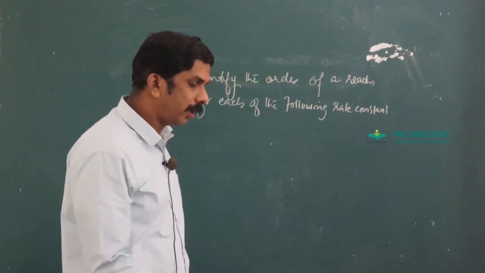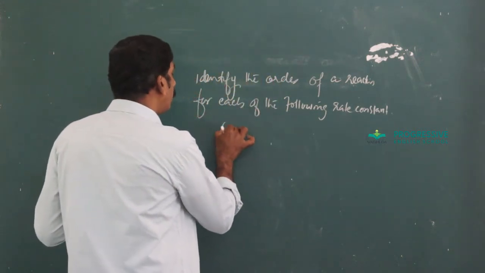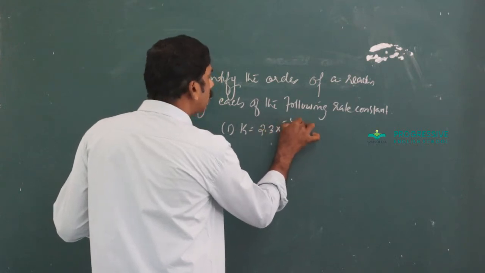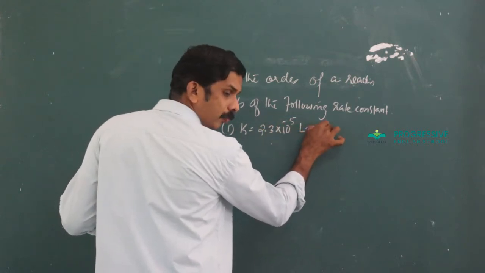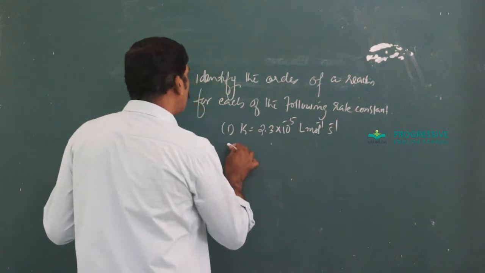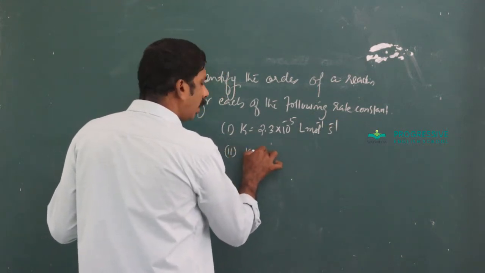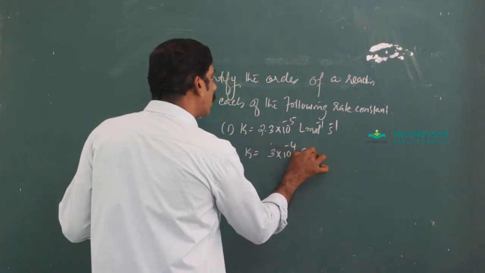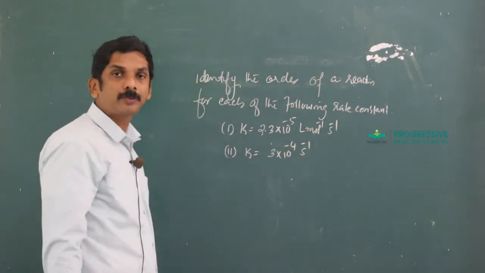The first one is k equal to 2.3 into 10 raised to -5 liter mole inverse second inverse, and the second one is k equal to 3 into 10 raised to -4 second inverse.